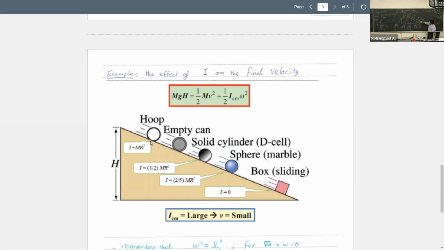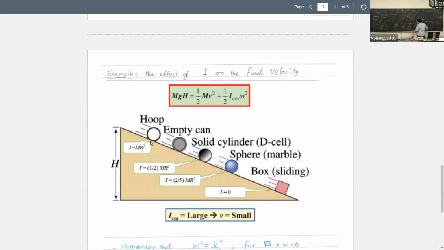The sphere, for example, can take rotational kinetic energy 42, as we saw in the previous lecture. But we assume that the hoop can take more rotational motion, 93 joules. From this, we can see that the rotation for each object is different from the other.